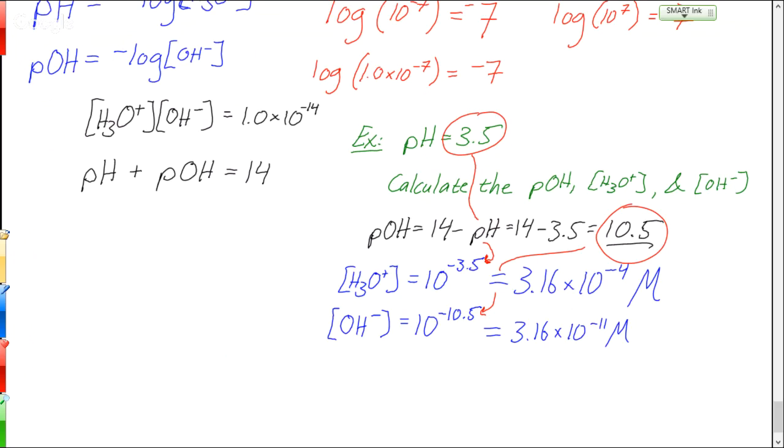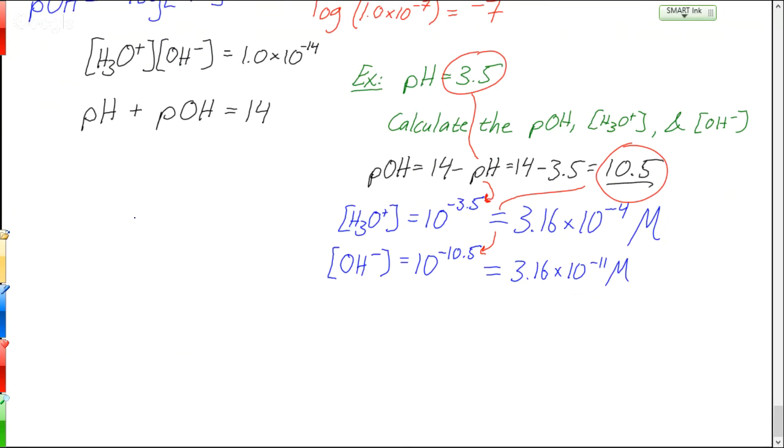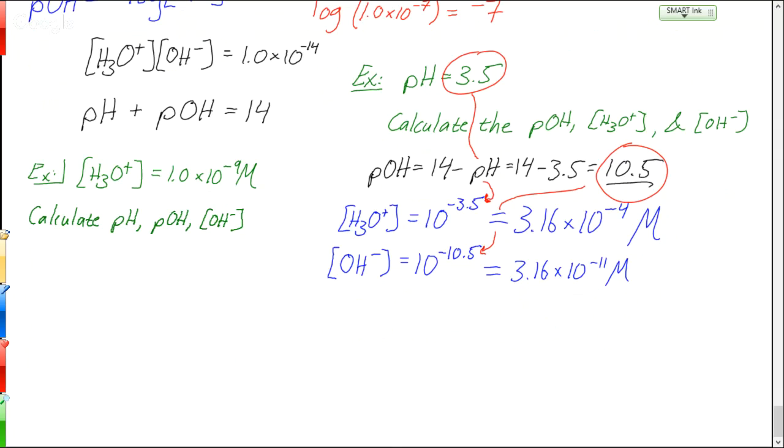Okay, let's try another one. You try one this time. I'll just leave that stuff up here. We'll do another one over here. If your hydronium ion concentration is 1 times 10 to the minus 9 molar, calculate the pH, the pOH, and the hydroxide ion concentration.